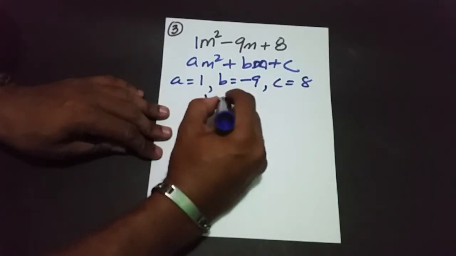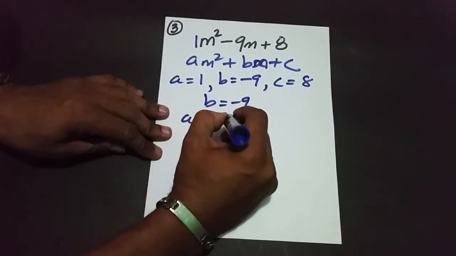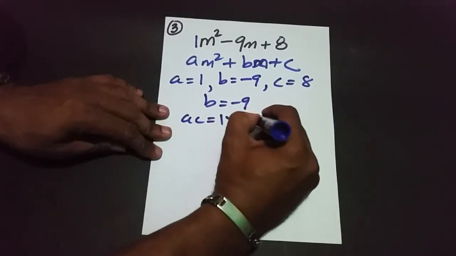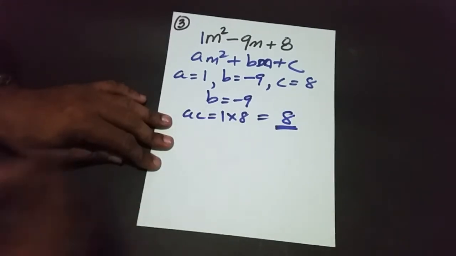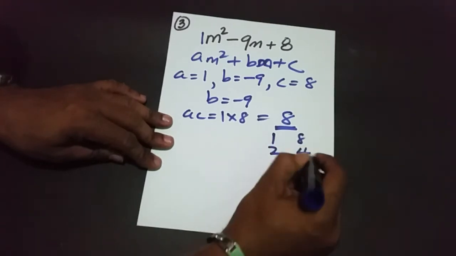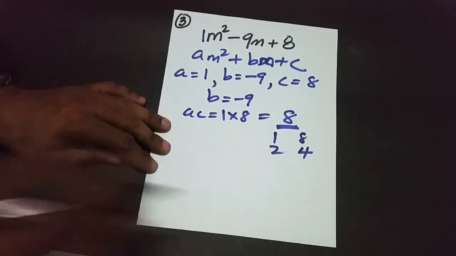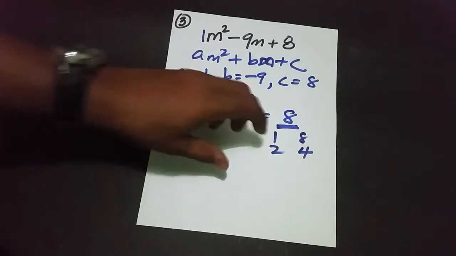So again, we know that b is equal to negative 9, and ac means 1 times 8, which is simply 8. And again, the secret is in here. So the factors of 8: 1 times 8 is 8, 2 times 4 is 8. So those will be the factors of 8. Now, we need to look at these combinations here.